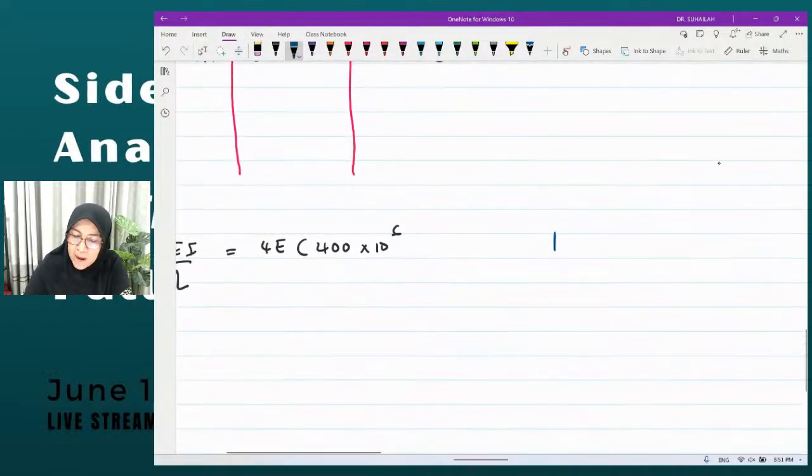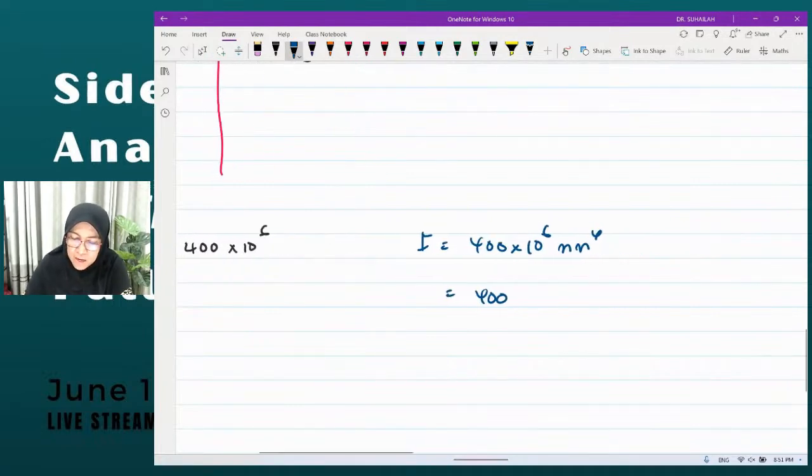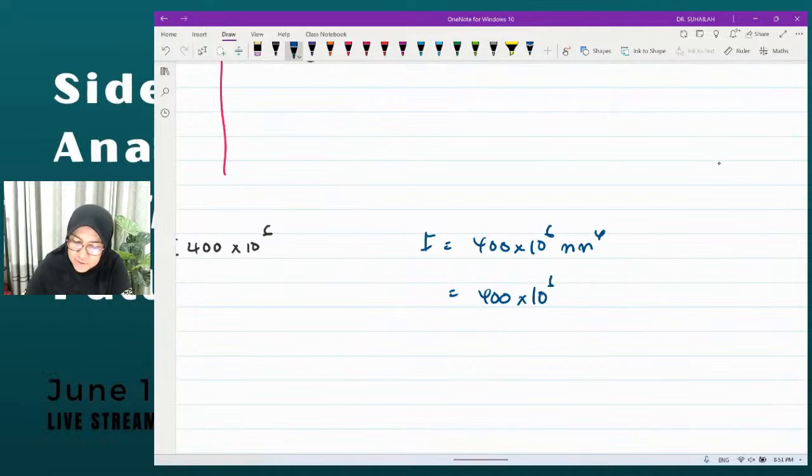The unit for I is given in mm⁴. Changing to meters, we get 400 times 10 power of 6 times 10 power of negative 12, m⁴. So we get 400 times 10 power of negative 6, m⁴.